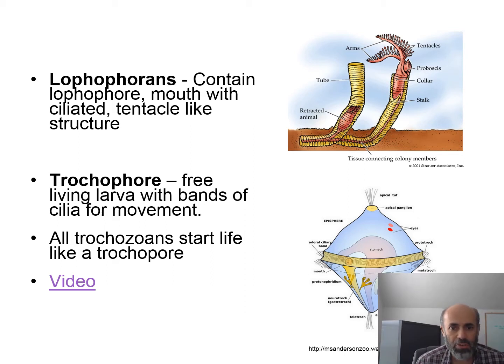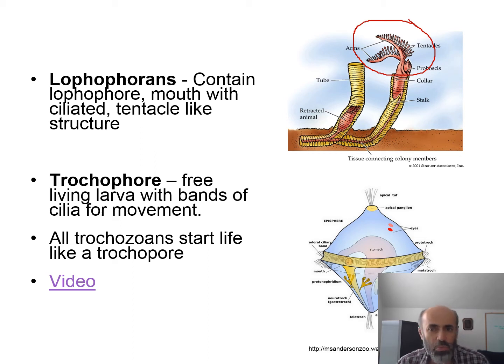Lophophorans contain a lophophore mouth, with a ciliated and tentacle-like structure on their mouth, like this one. That's why they're called Lophophorans.